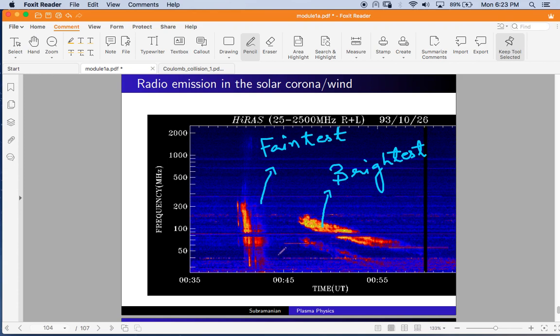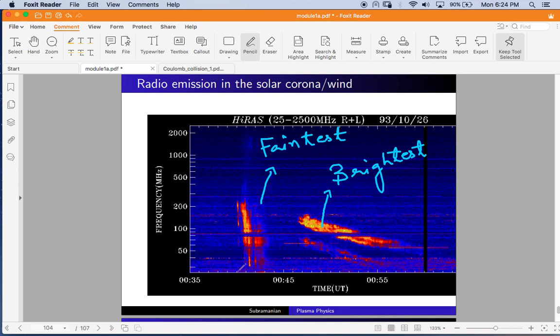So what this is telling us is that there is bright emission originating between, and this is time in universal time. You can roughly think of it as Greenwich Mean Time. On this particular day, 26th of October 1993, way before many of you were born, I think, from 0030, say this would be 0045, so between here and here is 10 minutes, and you can read off the time from here.